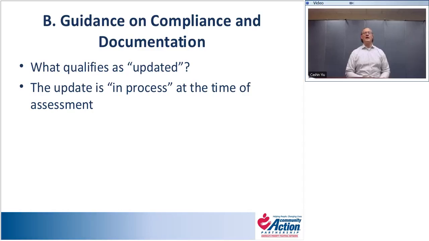So our understanding is, interpreting the standard really means that your board has a chance to discuss those outcomes. There is a presentation about them. The board really has a chance to have a discussion about any issues that have come up. So again, just simply providing a link to a document might not be interpreted as meeting the standard.